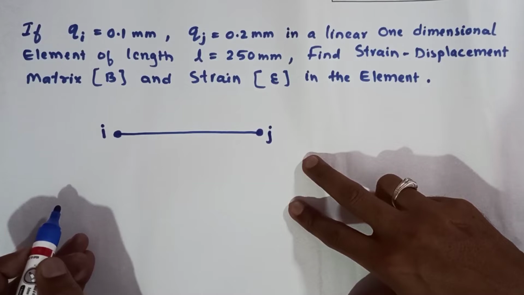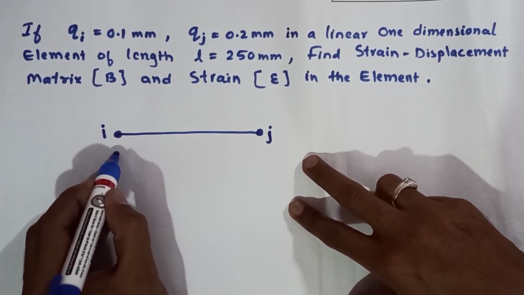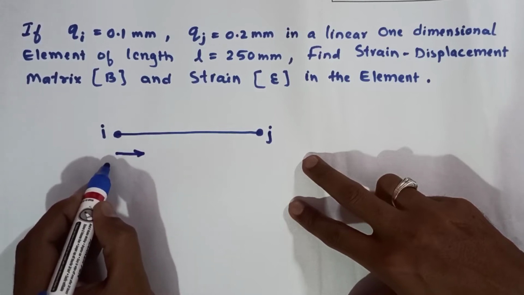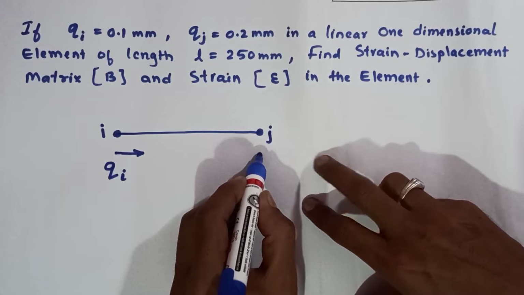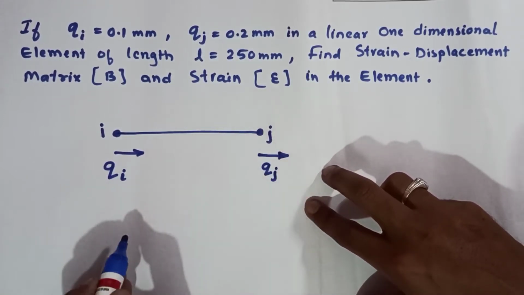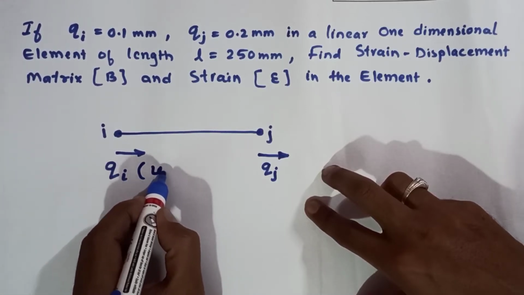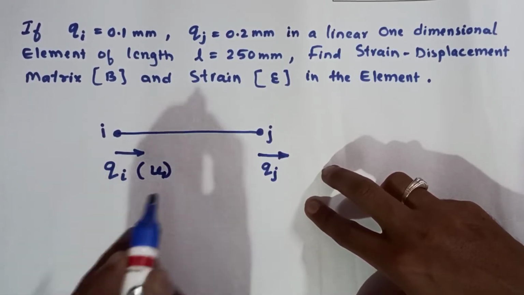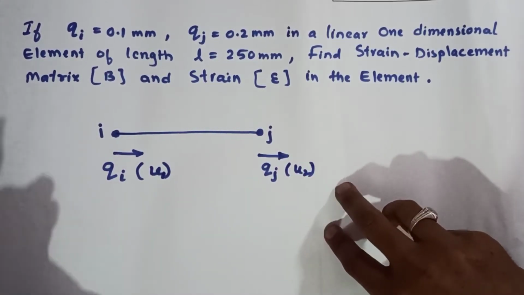The displacement at one end is taken as Qi, and the displacement at the other end is taken as Qj. Or in another way, it can be replaced with U1 and U2.